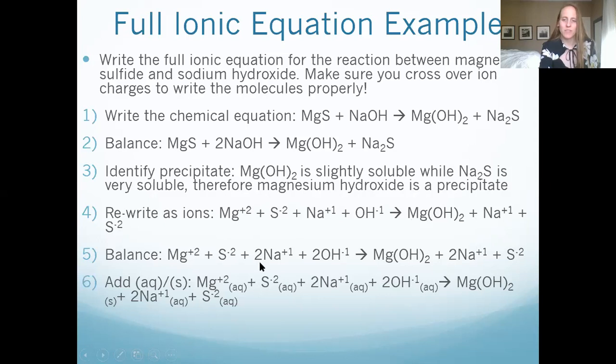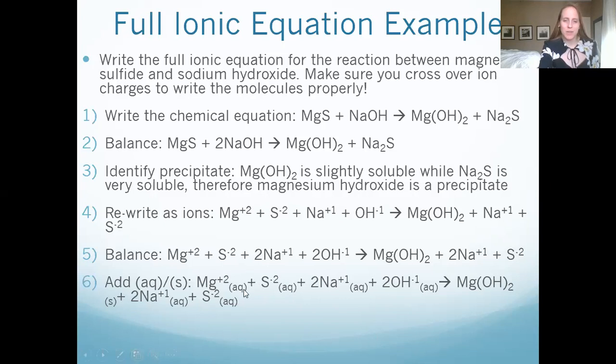In order to have this fully balanced, we will have to put a 2 in front of the Na, in front of the OH, and in front of the other Na. It is important to notice that when you're balancing these, they don't only have to be balanced with the products and reactants, they also have to be balanced with the original full chemical equation. That's why I had to put 2's in front of the sodium ions, the Na pluses, because in my original equation, I had 2 NaOH.